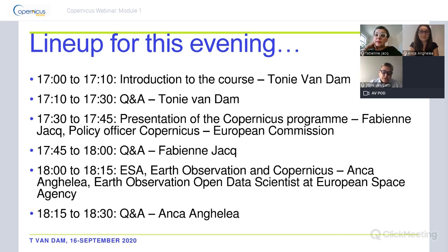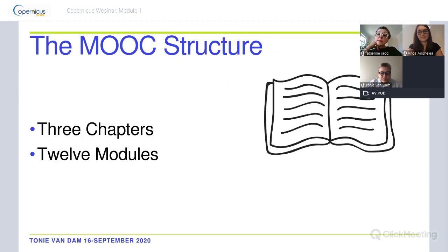She'll take some questions for about 15 minutes as well. And then we'll have Anka Angalea, who's Earth observation and open data scientist at ESA, and she'll also take some questions. So you have three presentations for this webinar, and an opportunity to ask each of us separate questions. Let's get started on my presentation.